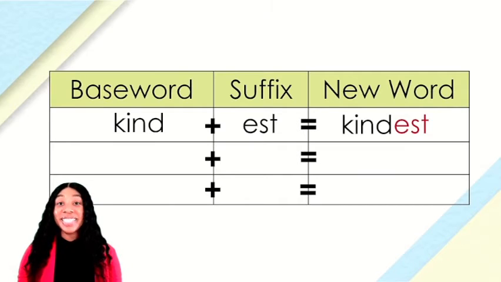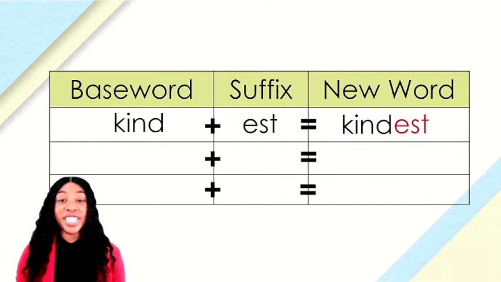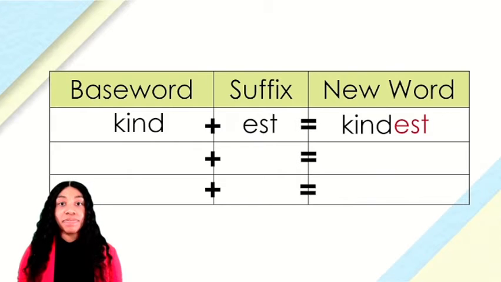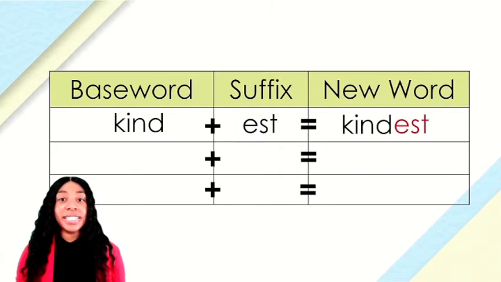Notice that adding a suffix to this word did not change the spelling of the base word. How does the suffix est change the meaning of the base word kind? Kindest describes someone who is the most kind. Go ahead and write down the word kindest on your paper.